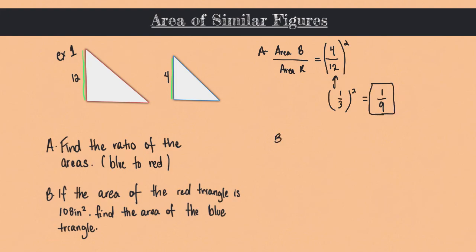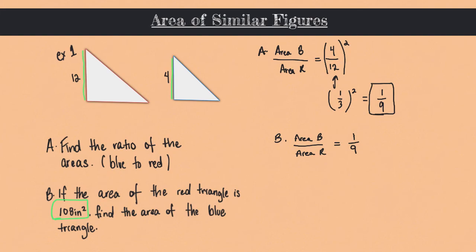Now part B. We're told that the area of the red triangle is 108 square inches. Find the area of the blue triangle. Well, what we already know is that the ratio of our areas, area of the blue and area of the red, is equal to 1 over 9.